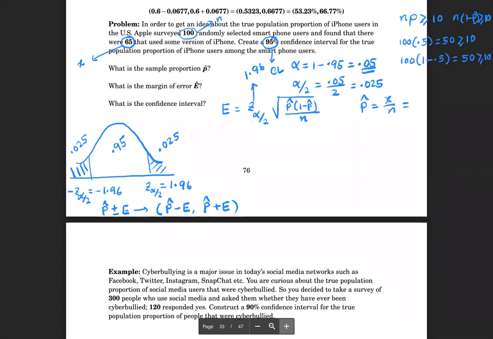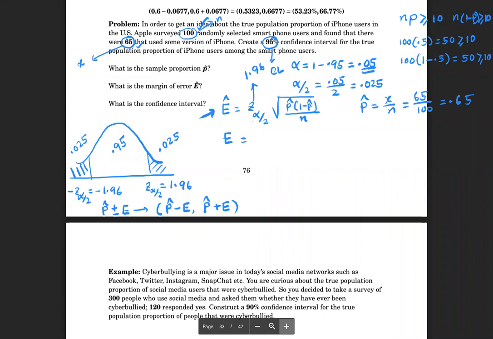X is 65, n is 100, which is just 0.65. So you have everything that you need in order to calculate the margin of error E. Oh, it's actually E hat. Basically, whenever you see hat, that means it's coming from the sample. So I will just write E, okay?